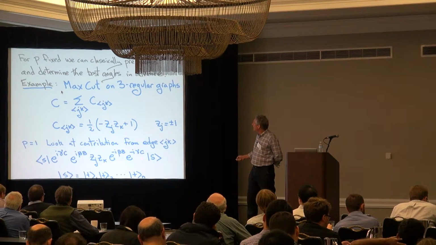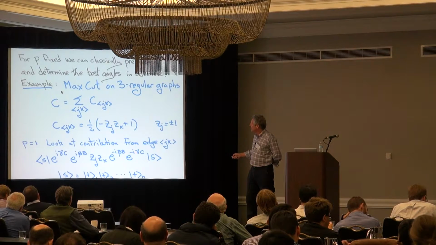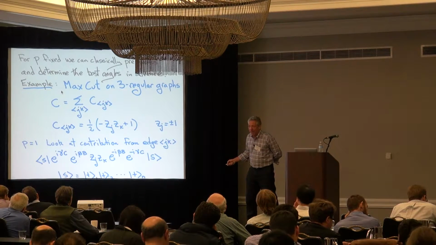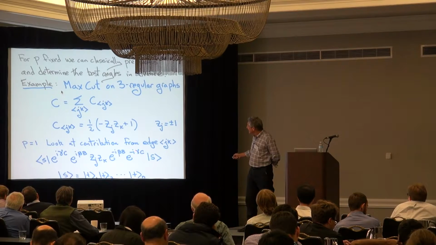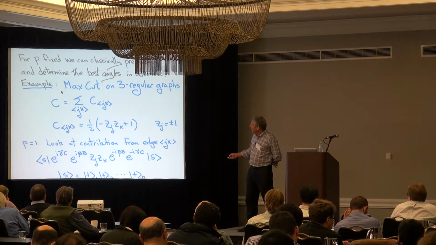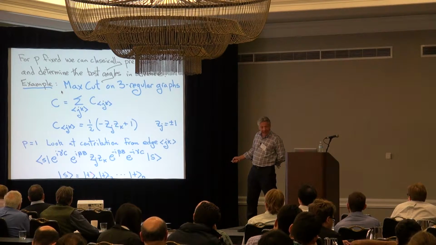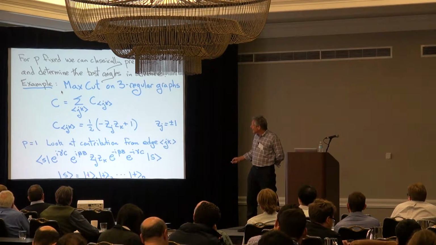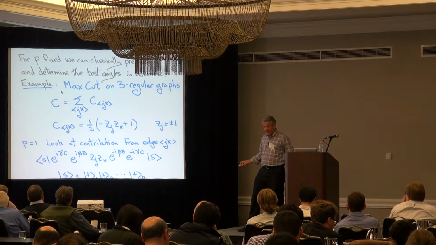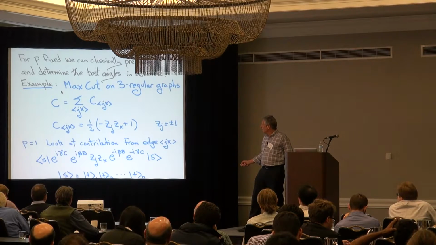So p equals 1, so I'm not going to put a 1 on these things. Gamma and beta are just the angles, gamma 1 and beta 1. So here's the state, and I want the expectation of this in the state S. Note the state S is a product state of eigenstates of sigma x. Okay? That's all it is.